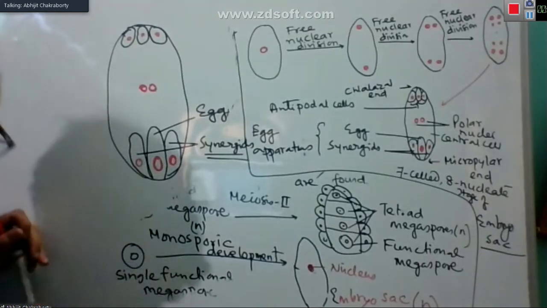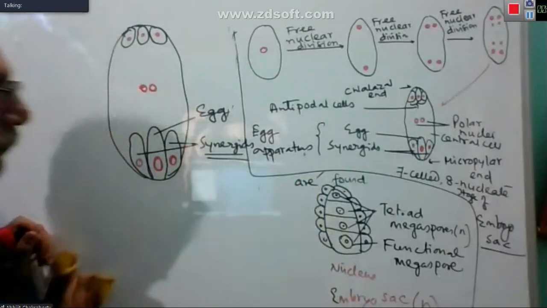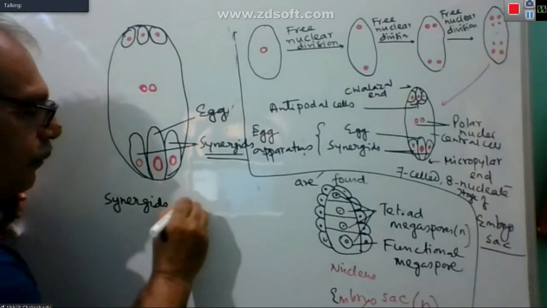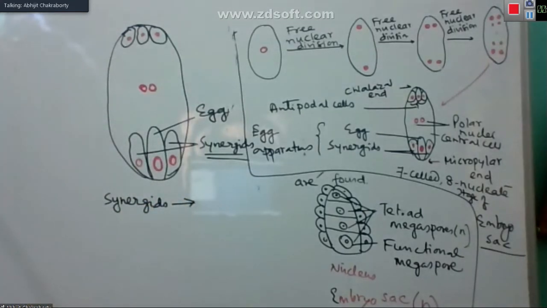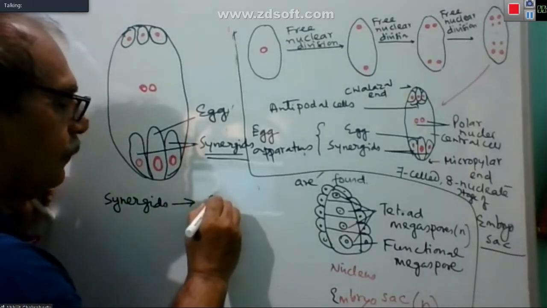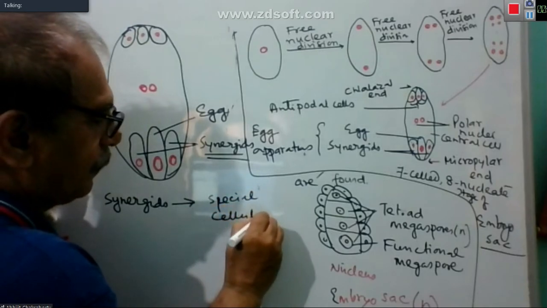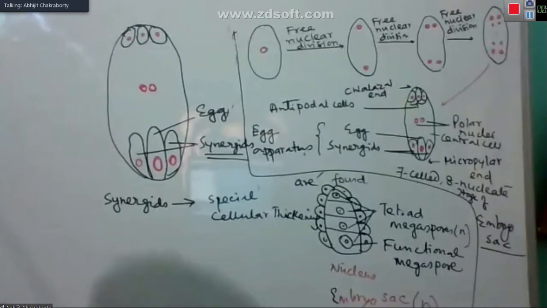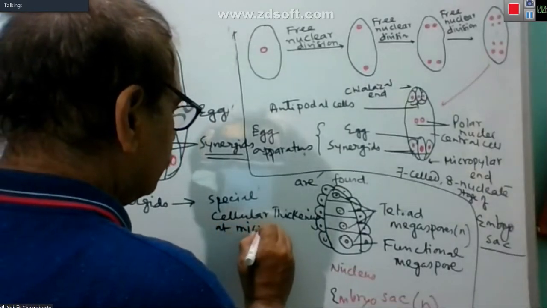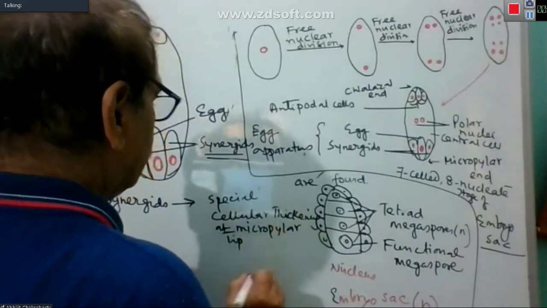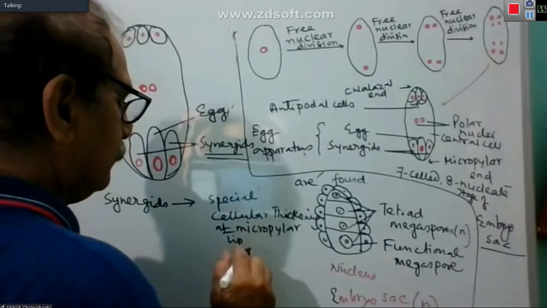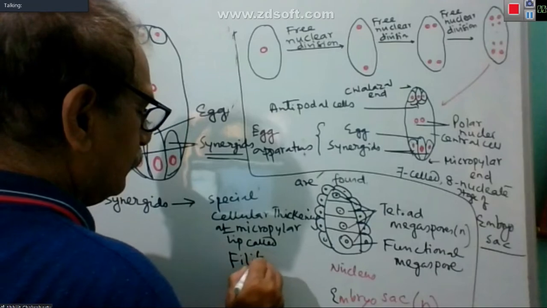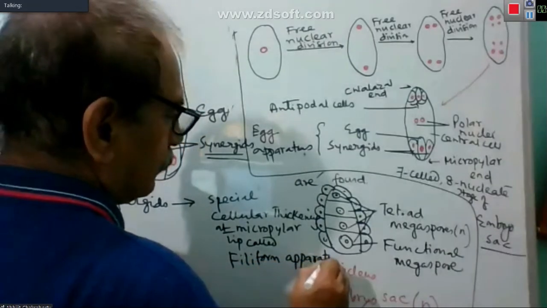That means synergids would give rise to special cellular thickening at the micropylar end called filiform apparatus.